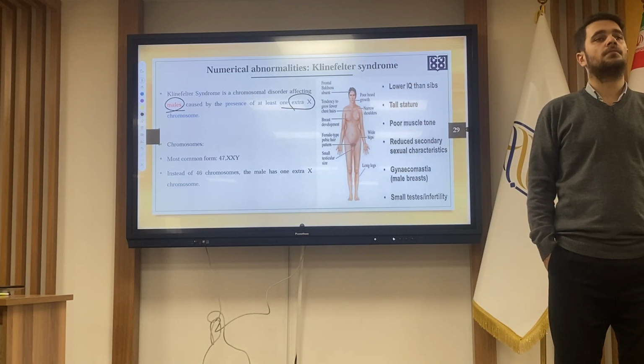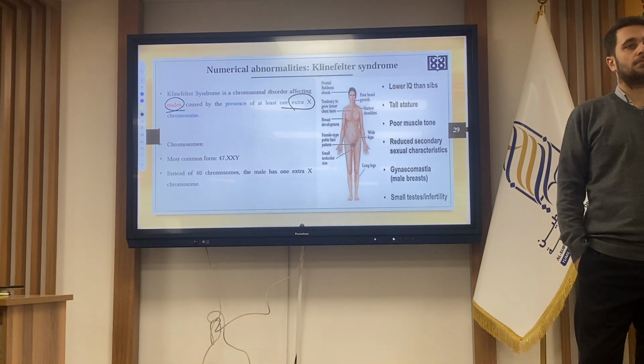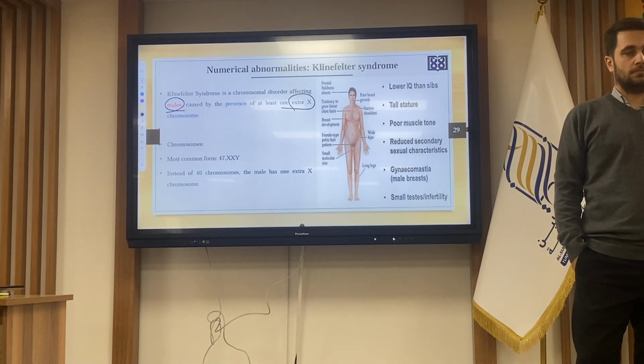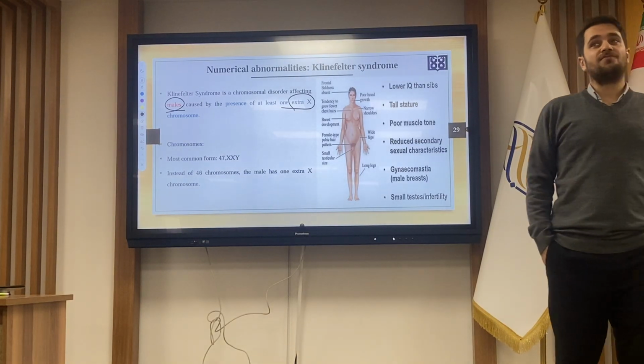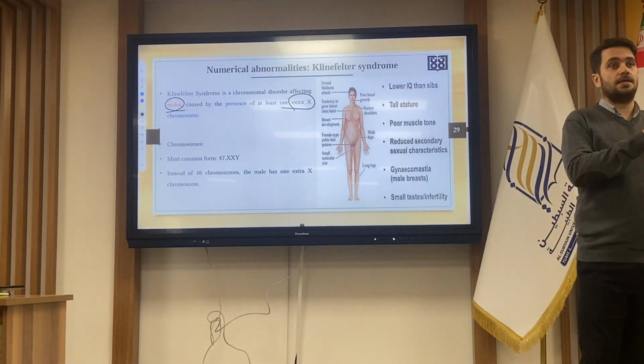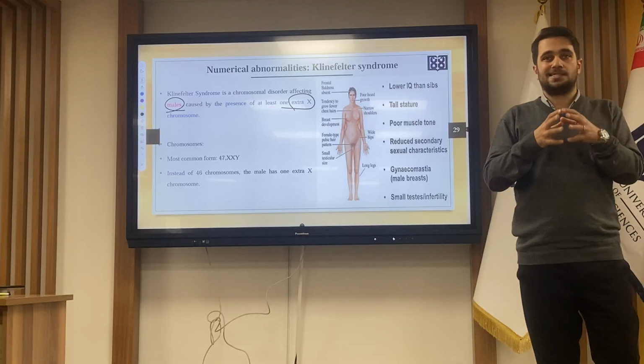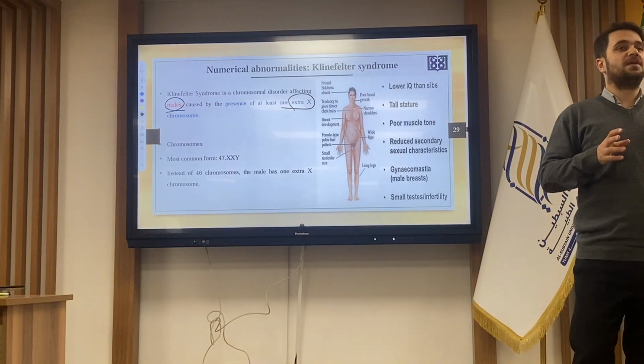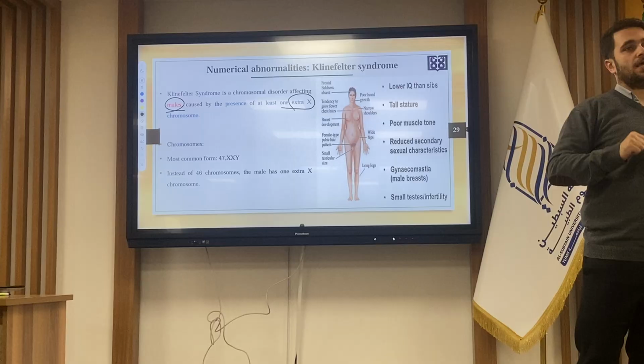The severity of the symptoms depends on how many of the somatic cells are affected by this. And there is also another one for females. Klinefelter occurs only in men. If a similar thing happens to a female, it has another specific name.